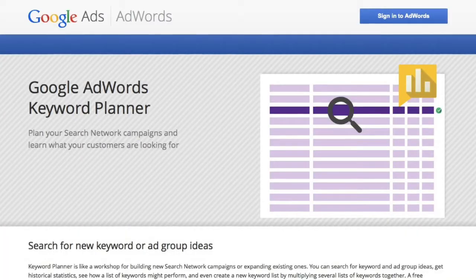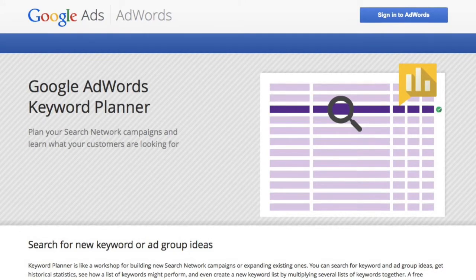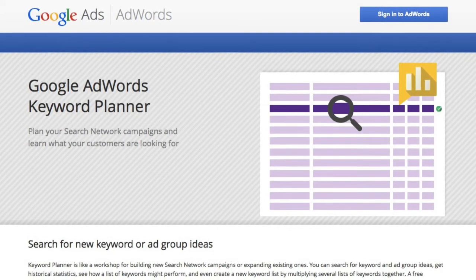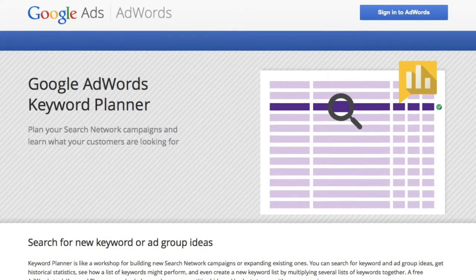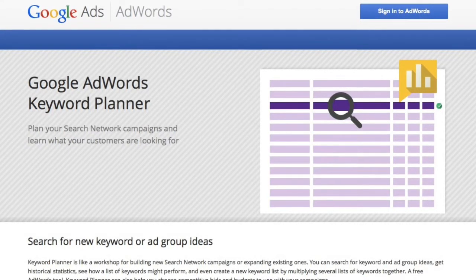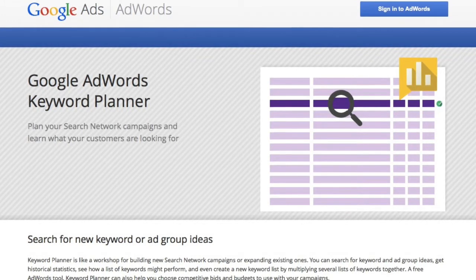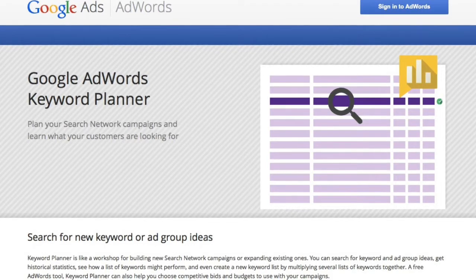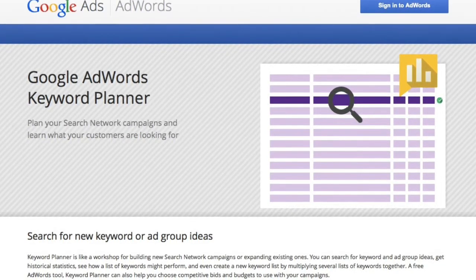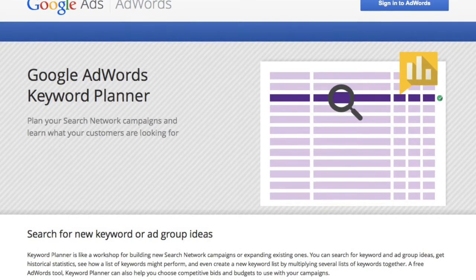You can search for it on Google. Just type in Google AdWords Keyword Planner Tool, or you can go to www.google.com/sk tool. To use this tool, you will need a Google account. So log in with your Gmail account information, or a Google Plus account, to add Google AdWords to your account. If you don't have a Gmail account, then you can sign up for one free first before trying to use this tool.